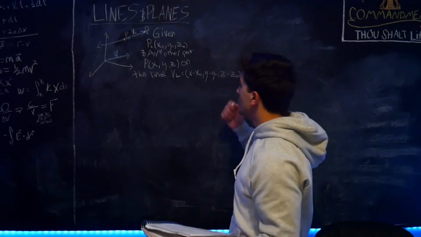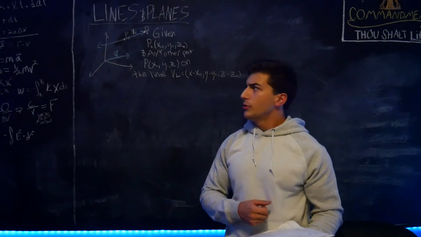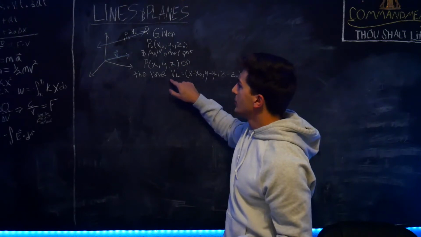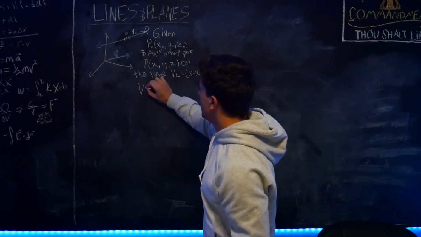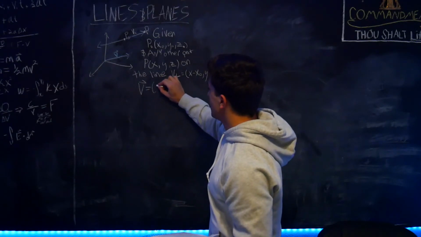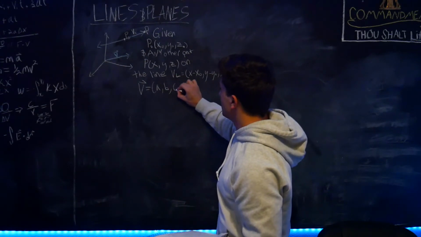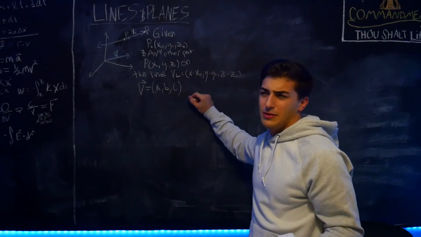So what was the other thing I said? That these lines are parallel. We have this new line, and then we're given vector v, which equals a, b, c. So you're like, how does that help? They're scalar multiples.